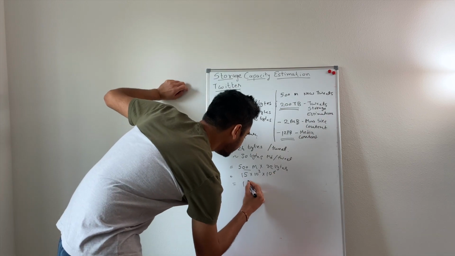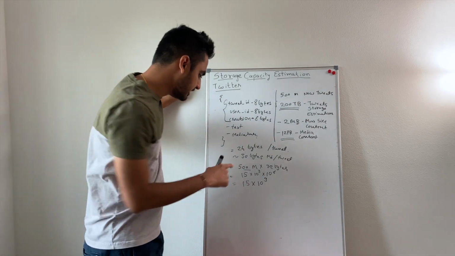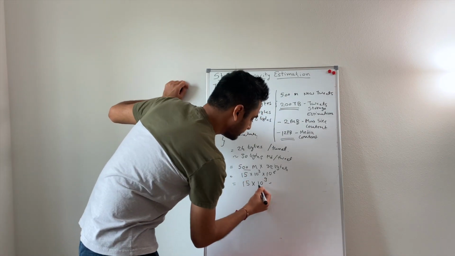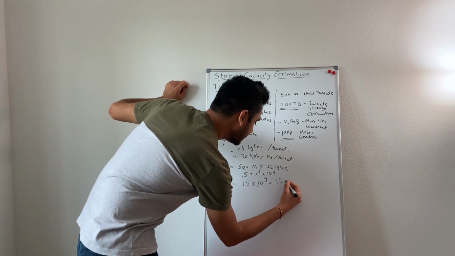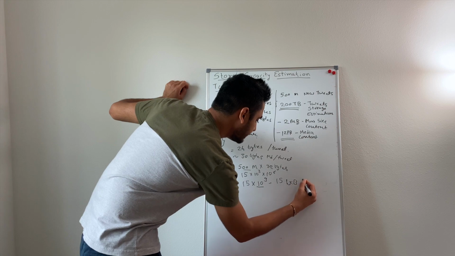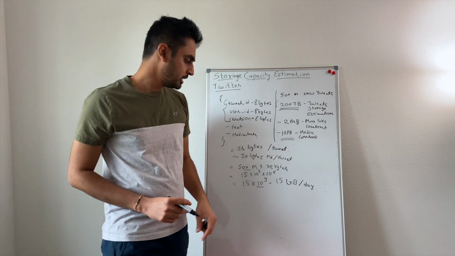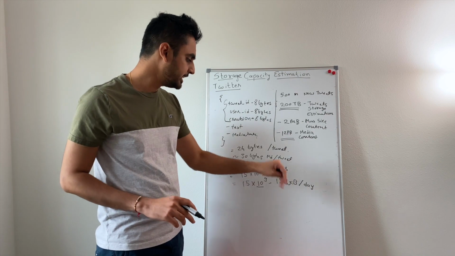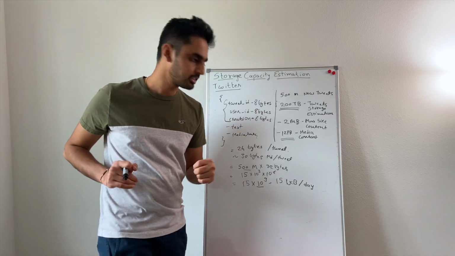So it will be 15 into 10 raised to 9, right? Because it is 10 raised to 9, it is nearly called GB. So 15 GB of data per day we need for metadata. So now we have a rough estimation that 15 GB per day we need for metadata for all the newly created tweets.